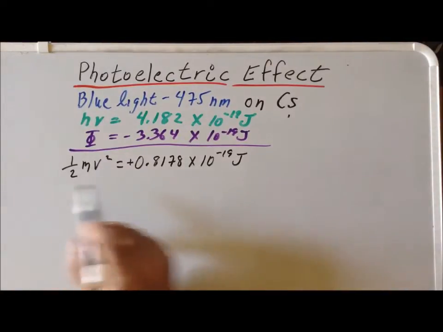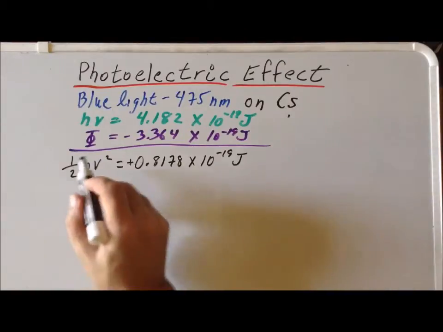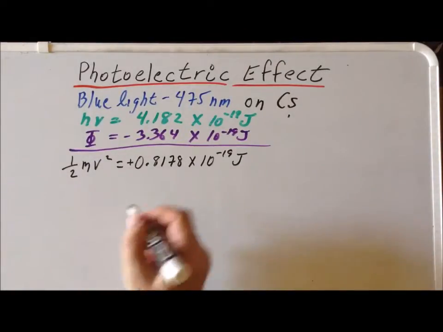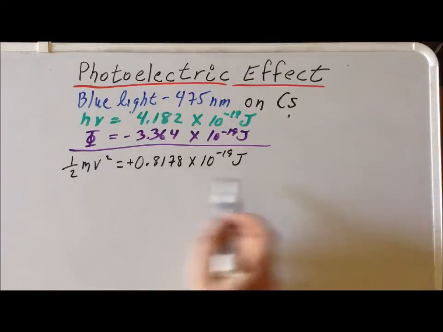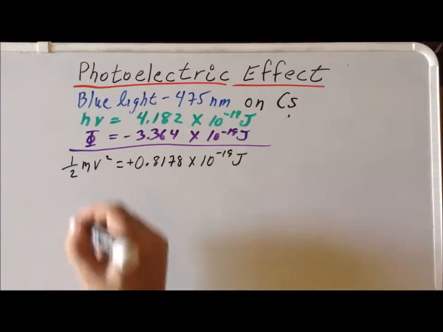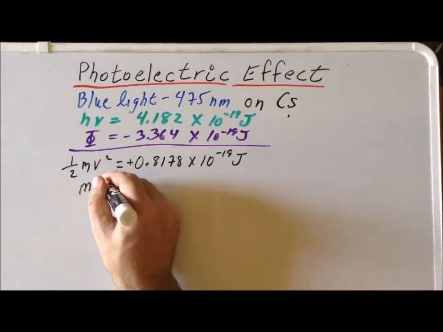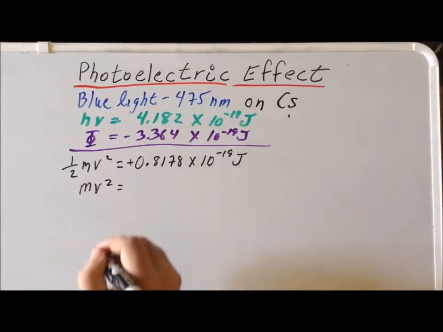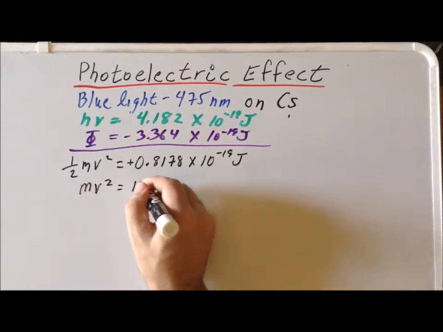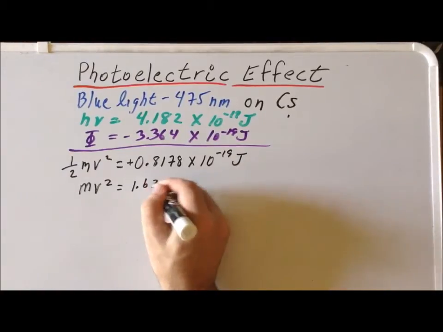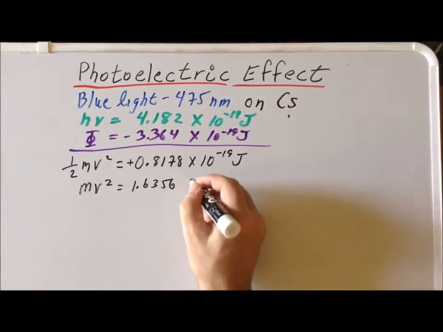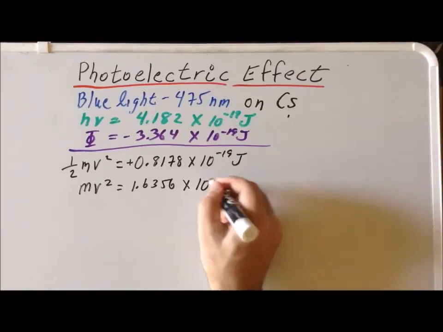So now, to simplify, we want to solve for the velocity. So first step is to simply multiply each side of the equation by 2. So we get that m v squared is equal to 1.6356 times 10 to the minus 19 joules.